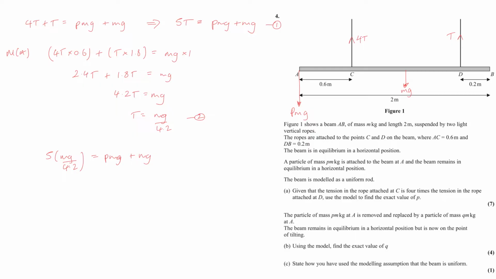So we've got 25 over 21 mg equals pmg plus mg, minus 1, so that's 4 over 21 mg equals pmg, divide by m, divide by g, so p equals 4 over 21.